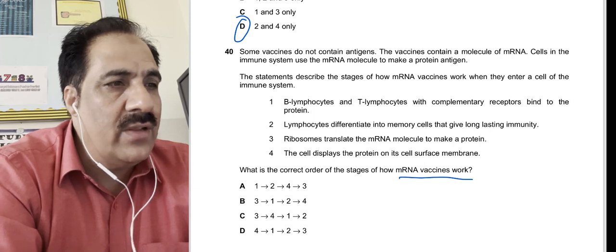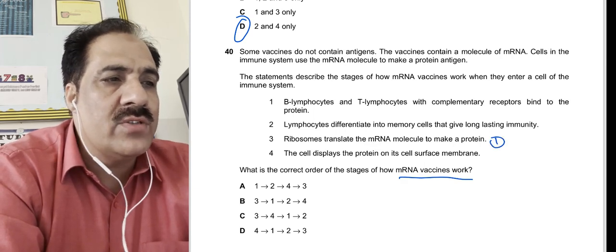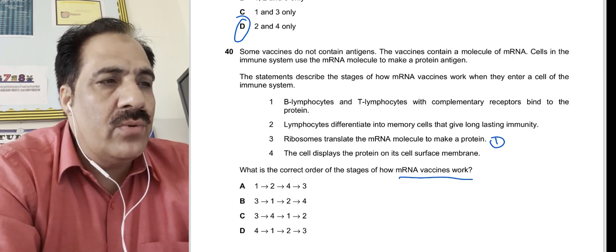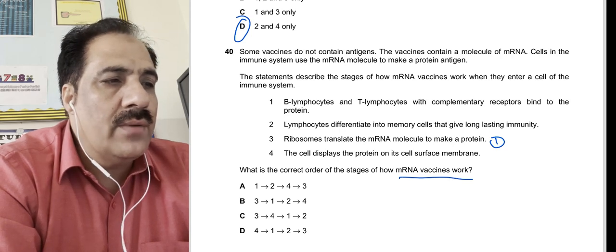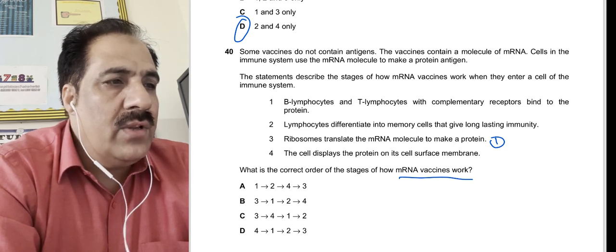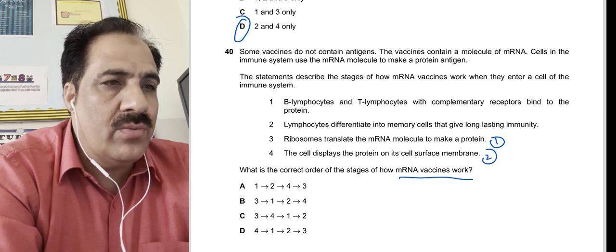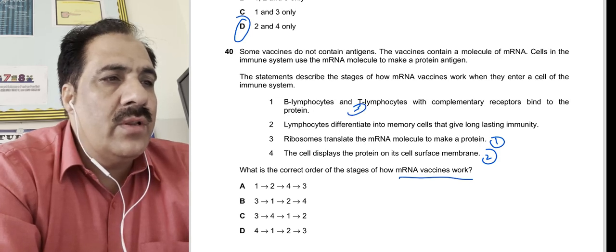So first of all, we see ribosomes translate the mRNA molecule to make the protein. This should be the first one. Then the cells display the protein on the cell surface membrane. Okay, this could be the second one. Then B lymphocytes with complementary receptors bind to the protein. This is the third.